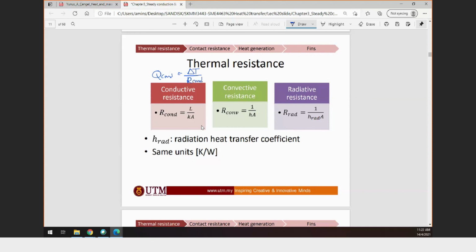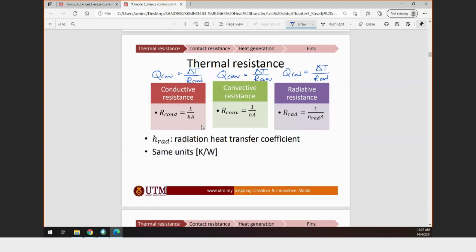The same goes here: Q convection you can calculate from the temperature difference divided by R convection. The same goes here: if you want to calculate Q by radiation, you can calculate delta T divided by R radiation.